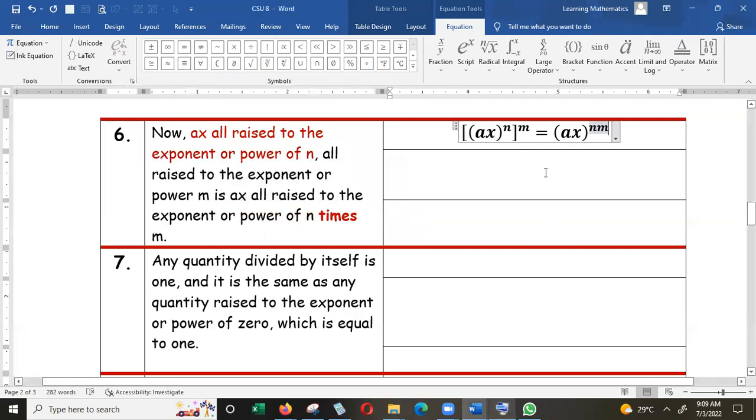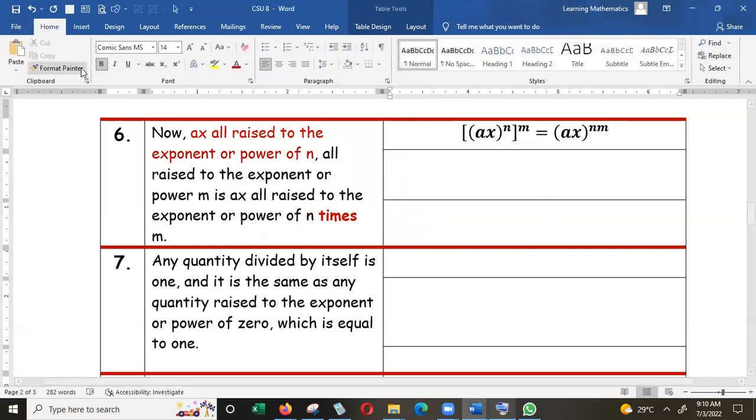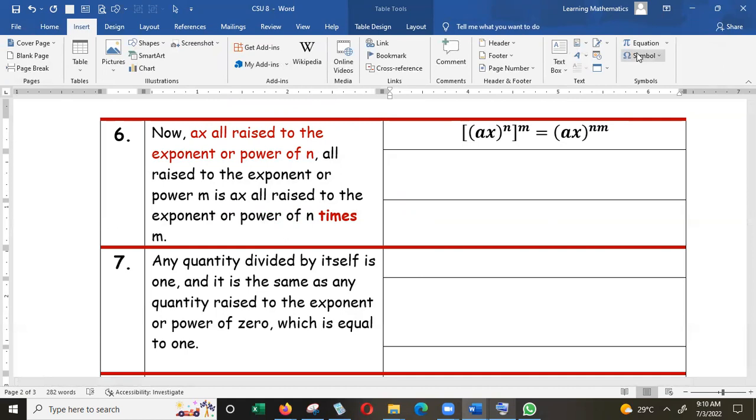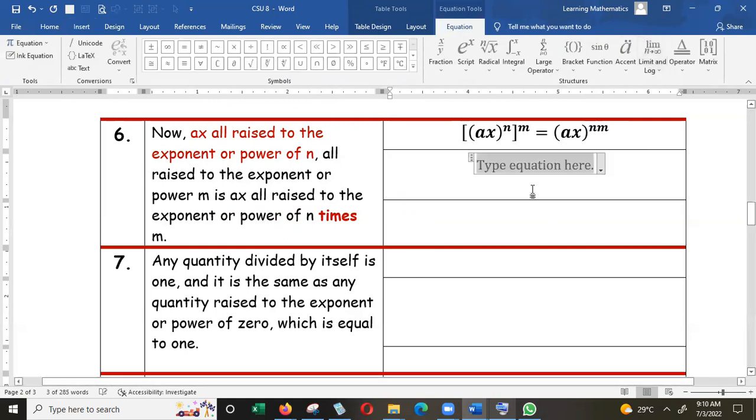So for example, we can use x as our base. Let's say you have 5x all raised to the power of 2.